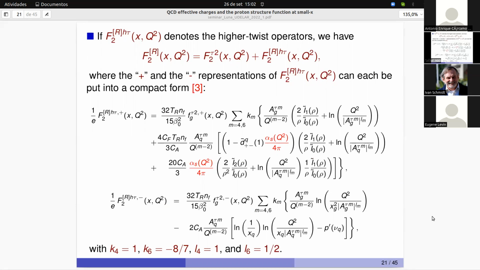But inside the analytical expression, we have the presence of the strong coupling, alpha strong. Even if you use terms up to twist 6, when you use the coupling predicted by perturbative QCD, things do not work.